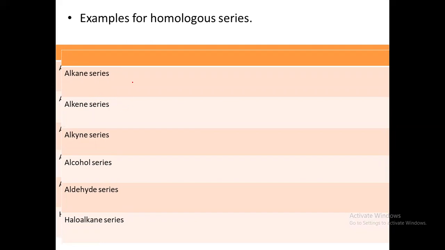You can write the alkane series, which has a general formula CnH2n+2. So you can write CH4, C2H6, C3H8, etc. They form a homologous series. You can write the alkene series, which has a general formula CnH2n.